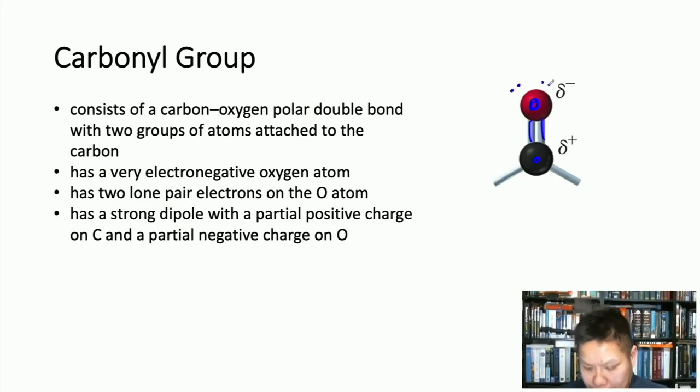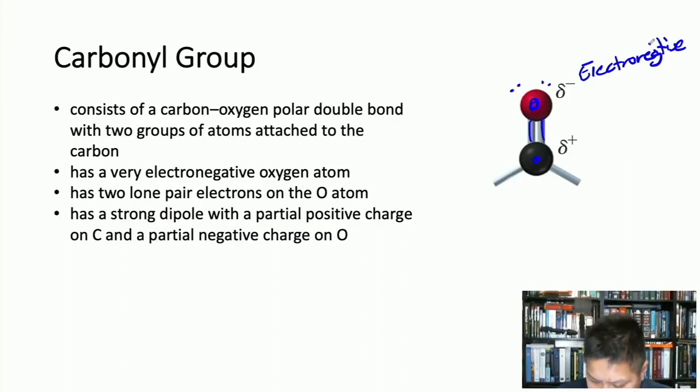The oxygen is already electronegative, you know that from previous lectures. What that means is that it draws electron density away from this carbon right here.